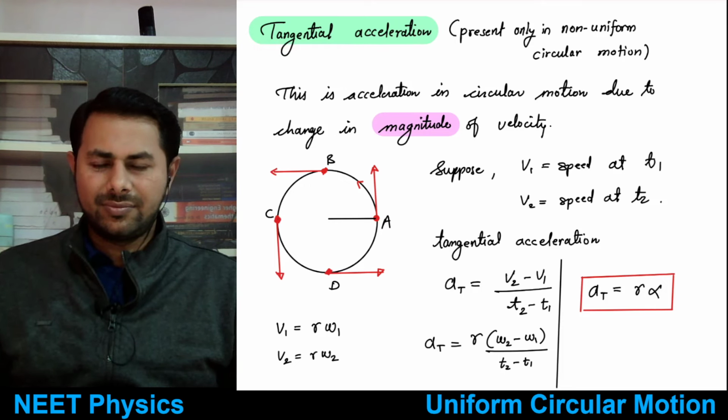Your object was here, so this is the position vector at point A. When the object moves from here to here, the position vector becomes RB bar. So what is the change in position, or the displacement? This is the displacement, and for very small displacement, the arc length and this displacement will be almost identical.